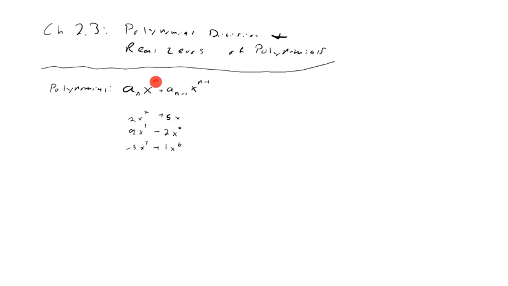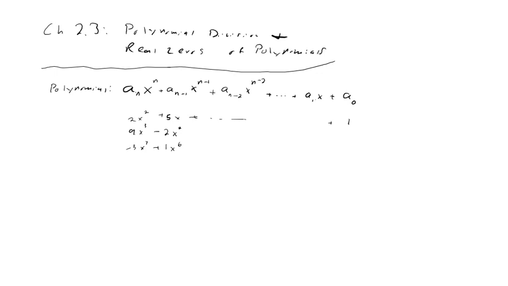So I start with an exponent, go down by 1, and follow this pattern, a sub n minus 2, x to the n minus 2, plus dot dot dot. I follow that pattern until I get to the end. A 1x to the first power plus a constant. Plus dot dot dot.